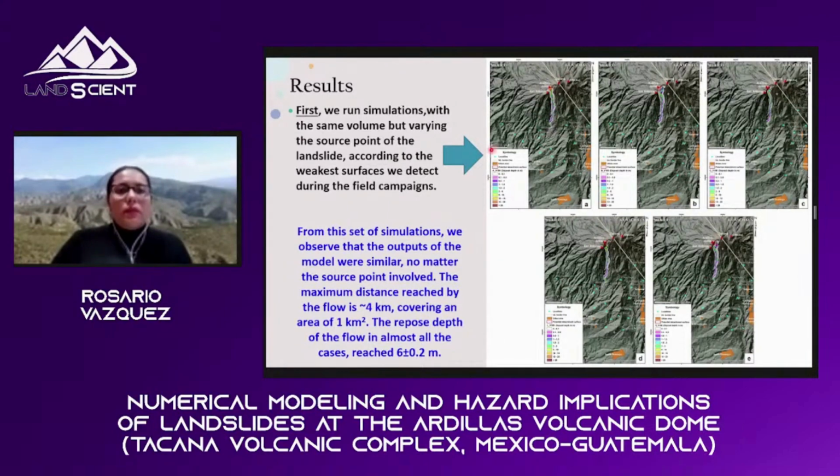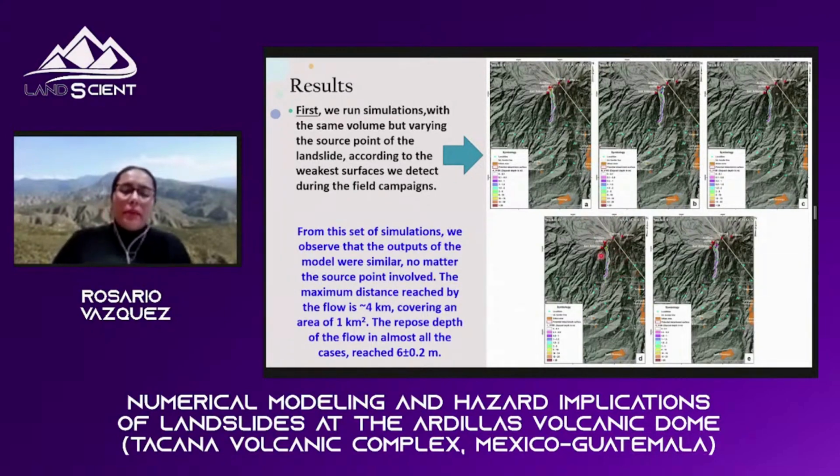And we noticed from this first set of simulations that if we maintain the same volume in all those cases, but instead we move the source origin for the landslide, the outcomes did not vary much. I mean, we can observe from this set of simulations that the outcomes are similar.